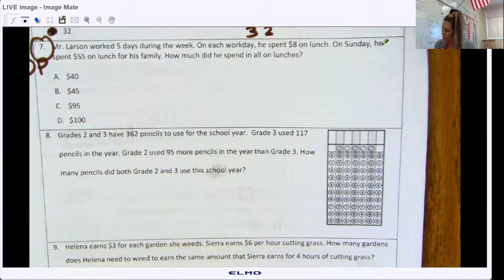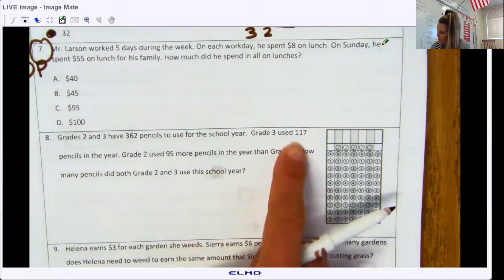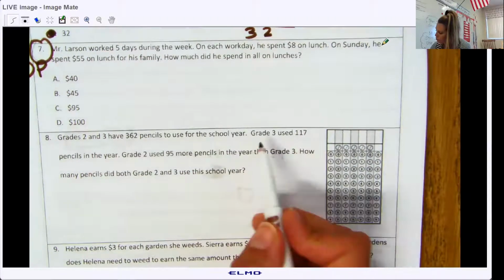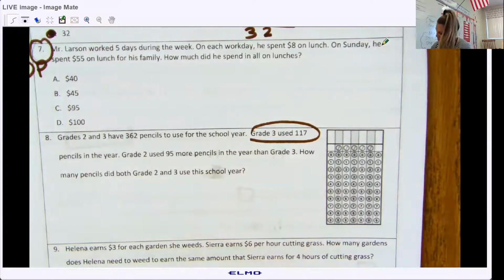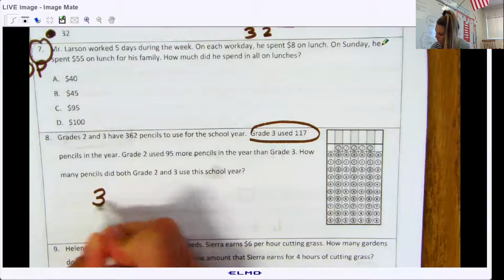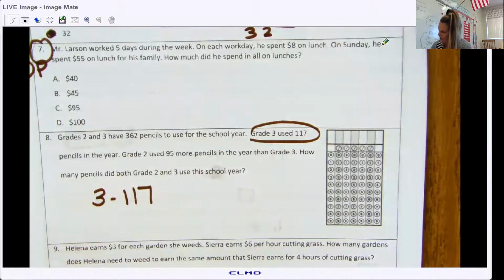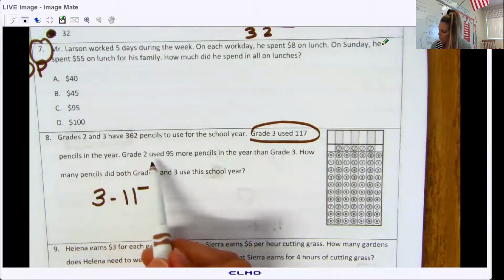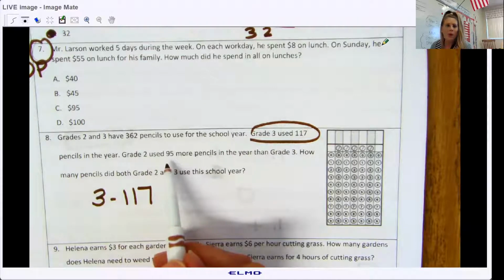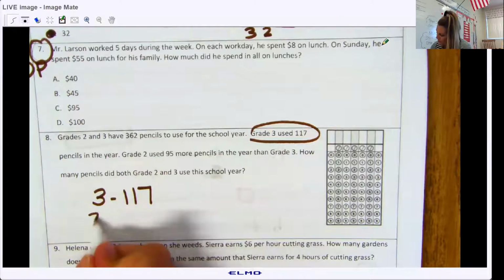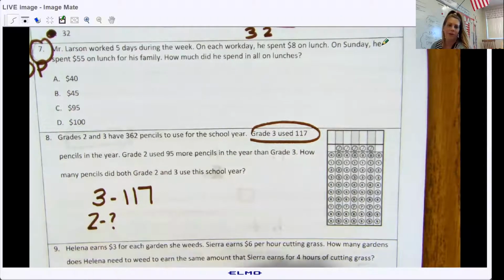All right, well, we know some information. What do we know? We know grade 3 used 117 pencils. Grade 2 used 95 more pencils, but we don't know the number. So grade 2 right now is our mystery number.